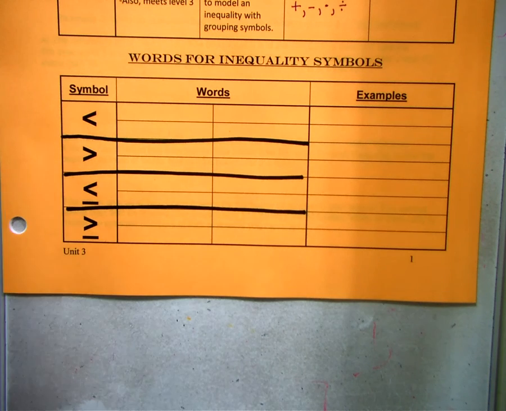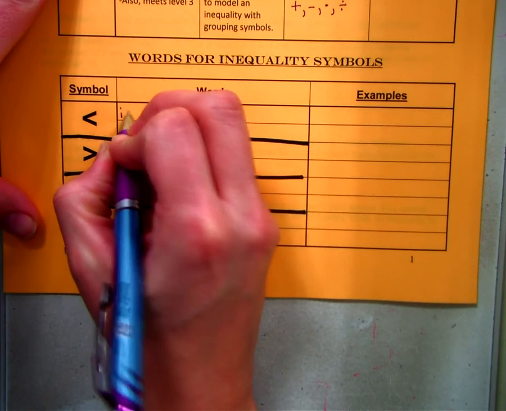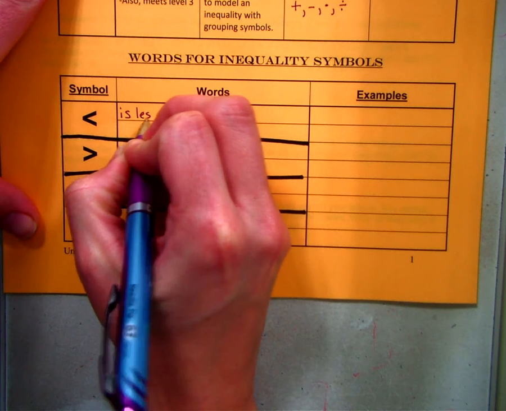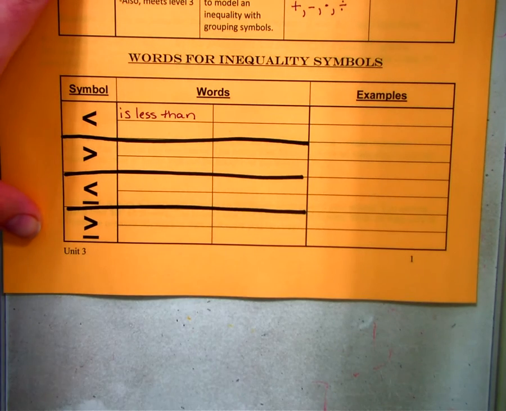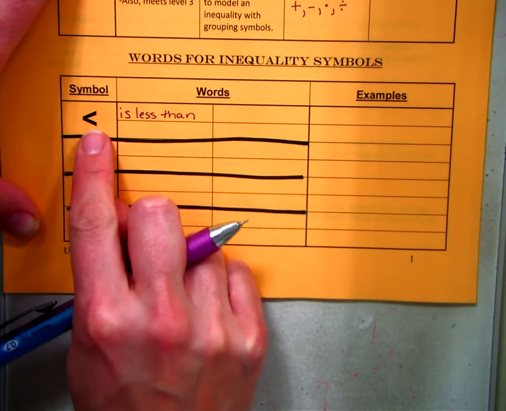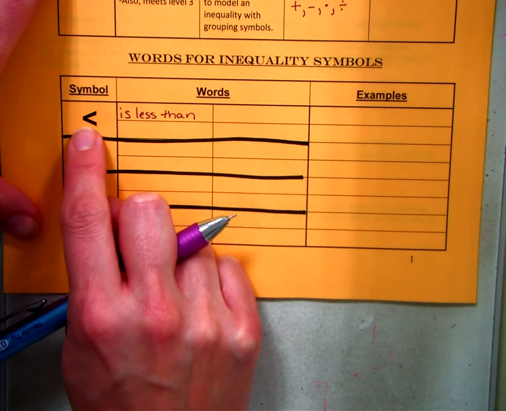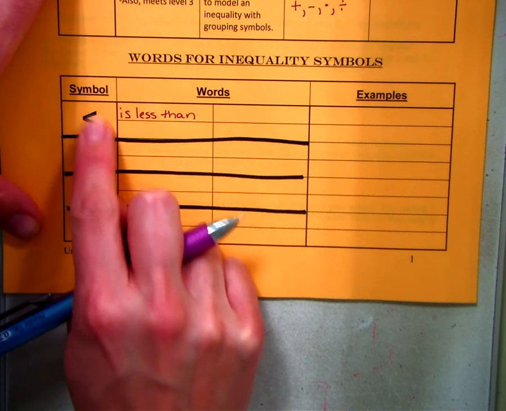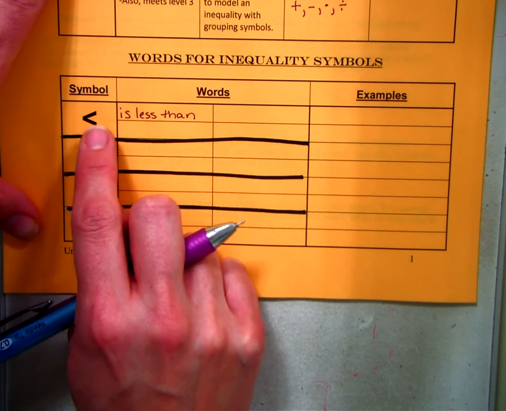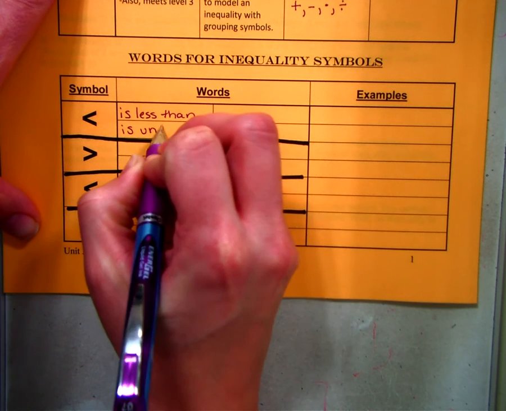The first one is very straightforward. Words that would mean this symbol would be the words is less than. If most people were reading it out, they would say 5 is less than 10, something like that. So this symbol is most commonly used as is less than. But we could also say is under.